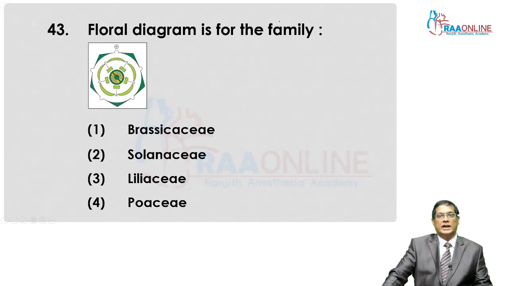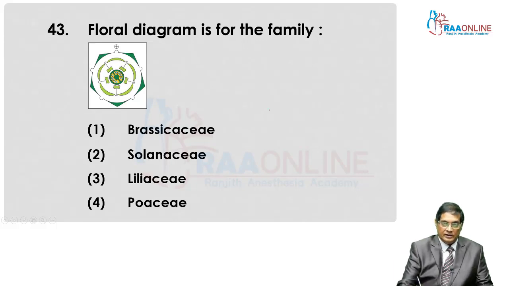This is a floral diagram. See this one. 5 sepals, 1, 2, 3, 4, 5, and they are united, that is K5 united. Then petals 1, 2, 3, 4, 5. C5 and they are also united.